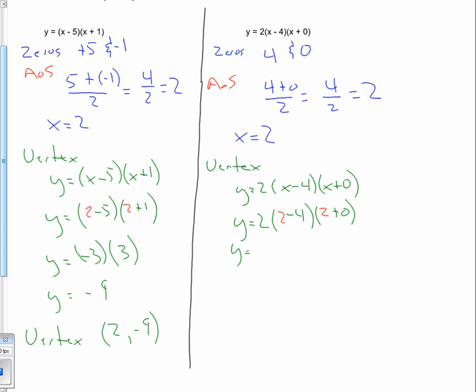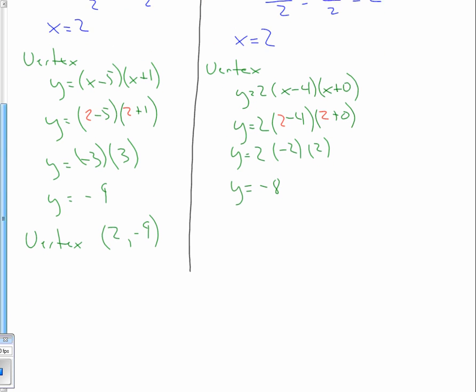I'm going to simplify the brackets first. 2 minus 4 is negative 2, and 2 plus 0 is still 2. So 2 times negative 2 is negative 4, and negative 4 times 2 gives me negative 8. So I now have an x-coordinate and a y-coordinate, and in this case my vertex is at the point (2, -8).